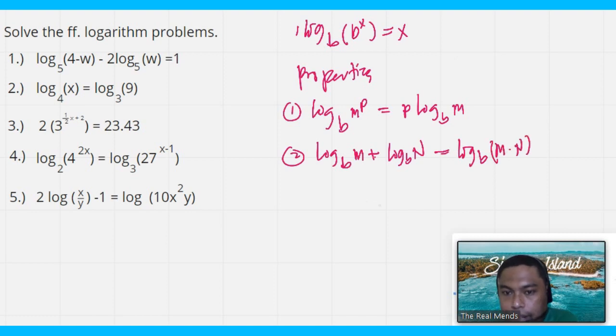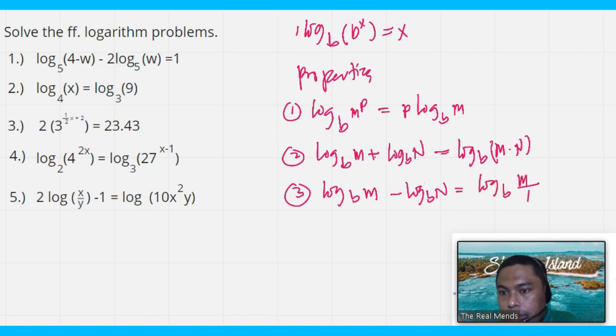And then if I have log base b of m minus log base b of n, this is just equal to log base b of m over n. So just remember the properties.